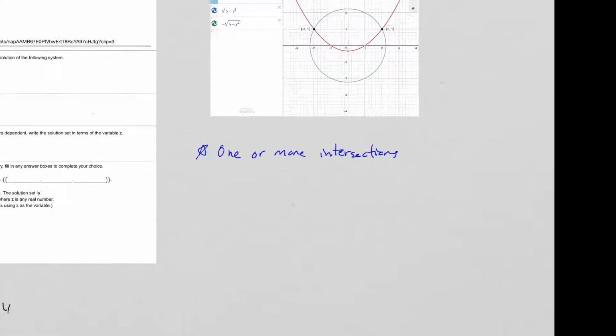Okay, like one solution, two solutions, like we see there. So this will be called consistent and independent.